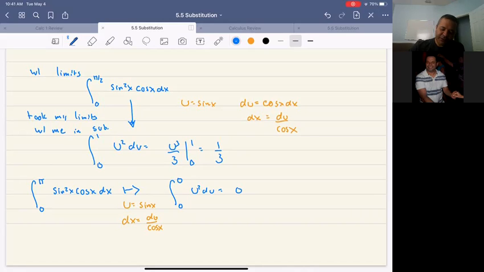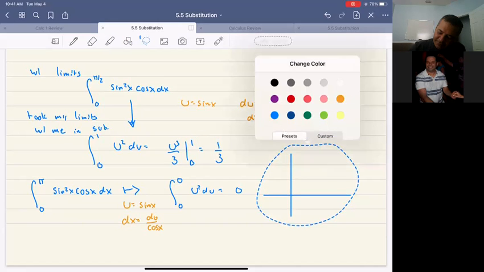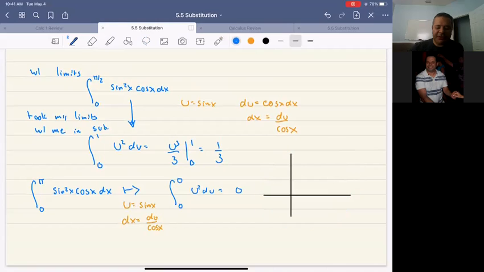Well, if we think about this, this is sine squared times cosine x. Graphically, if we think about cosine of x from 0 to pi, it looks like that.